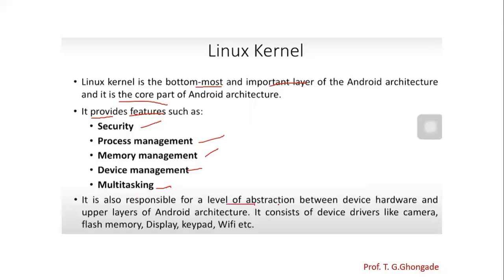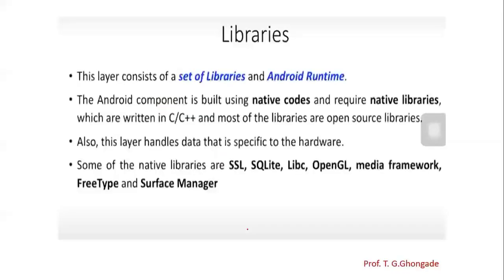So it is responsible for the level of abstraction between device hardware and upper layers of Android architecture. Okay, so it consists of device drivers like camera, flash memory, display, keypad, Wi-Fi, etc. So all these primary utility drivers reside within the Linux kernel. Okay. After that, some libraries we have.